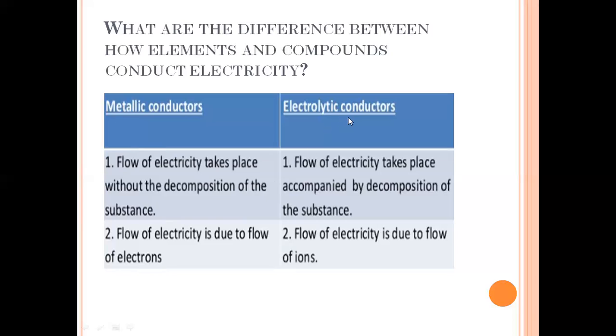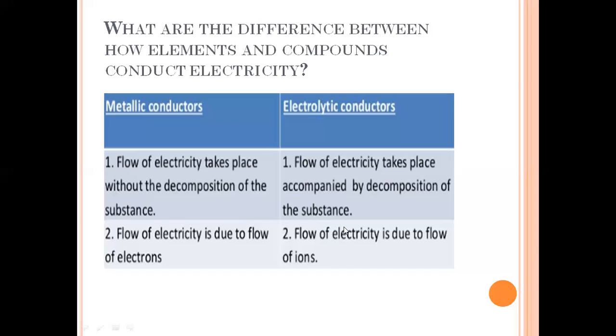In an electrolytic conductor, the flow of electricity takes place accompanied by decomposition of the substance, and the flow of electricity is due to the flow of ions.